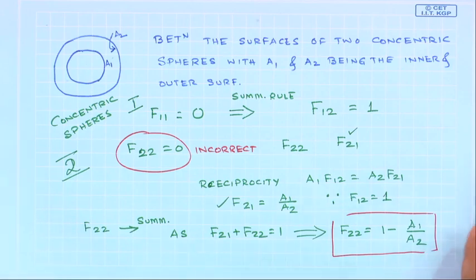Now, let us think of a situation in which a very small sphere is placed inside a very large sphere. So, the sphere inside is very small, therefore A1 is small, and the sphere outside is very large and therefore A2 is large.